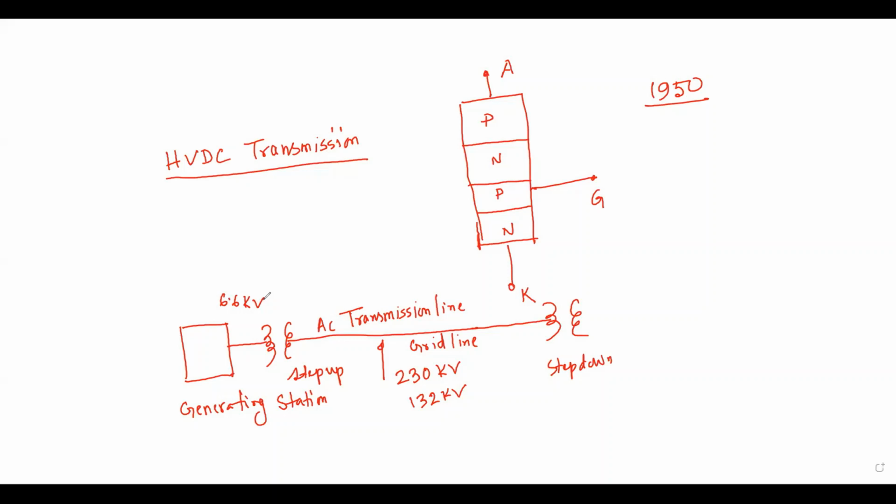Because of the resistance of the line. Yes, resistance of the line. And when it is 230 kV, what is the advantage then? You have to answer very clearly.